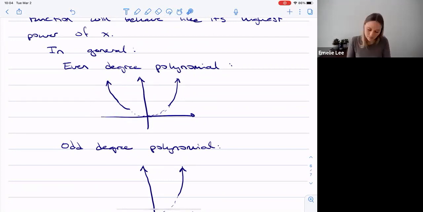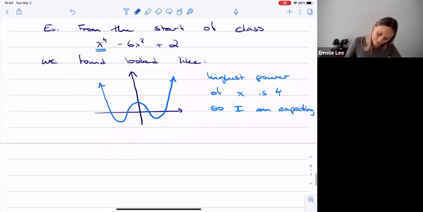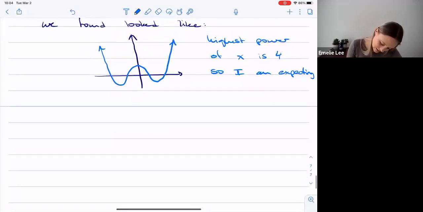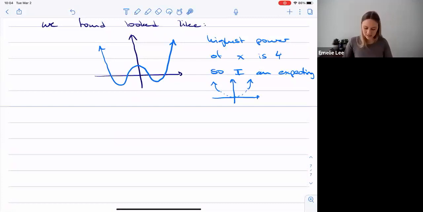So I'm expecting it to look something like this. I'm expecting kind of this upward behavior, right? Like I said, I'm allowing for things to happen here in the middle. We're not there yet to talk about what happens in the middle.